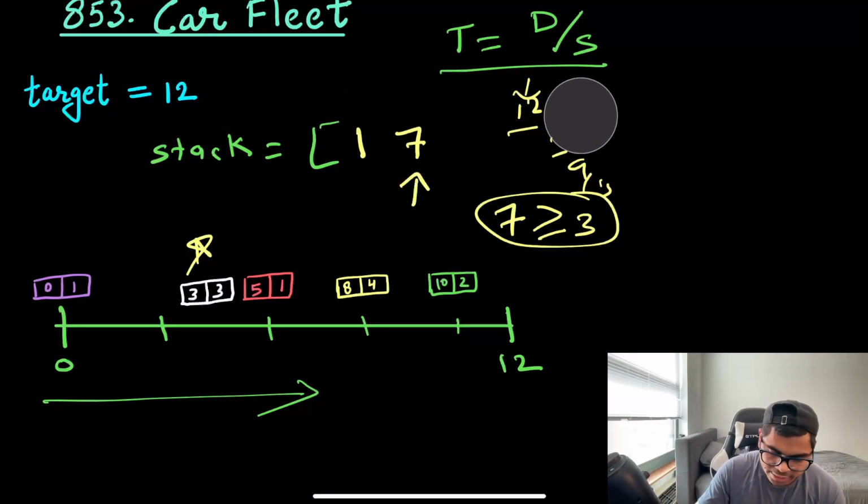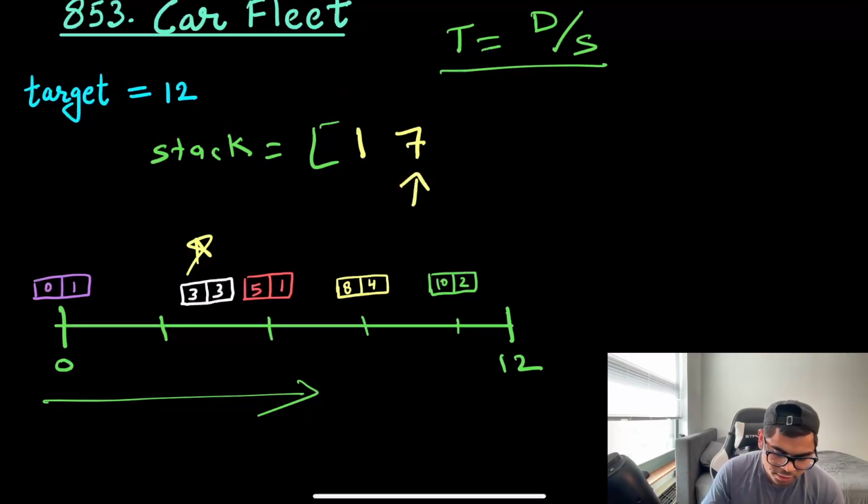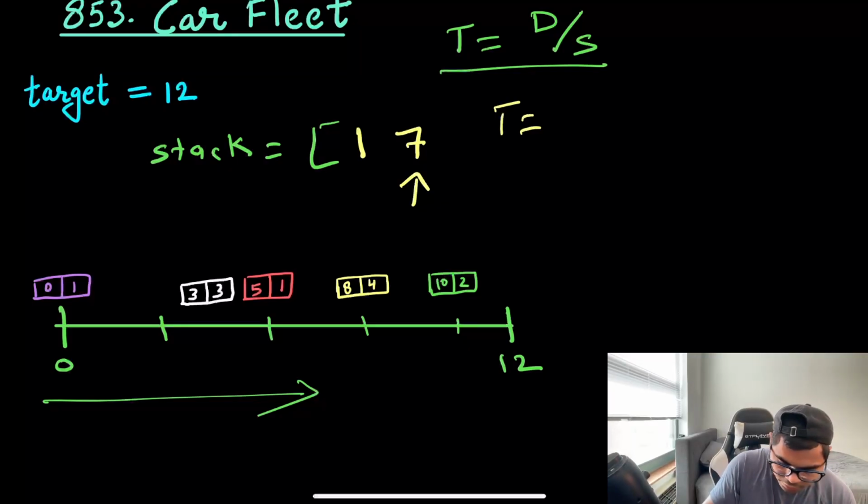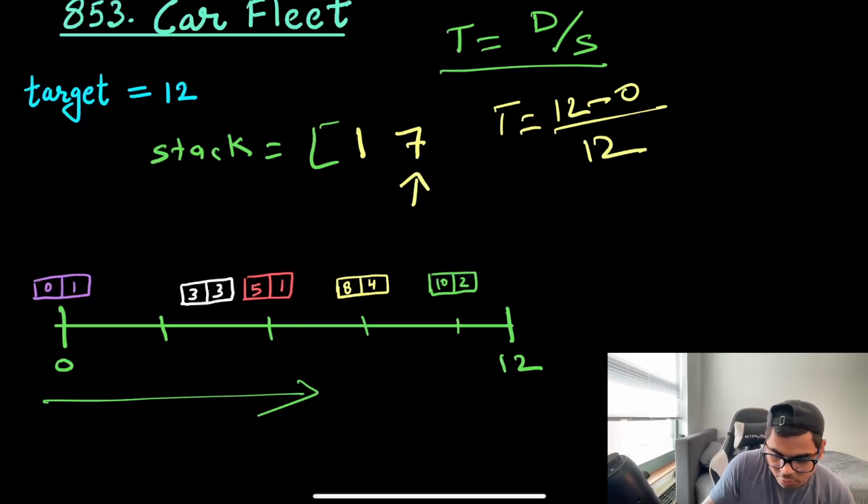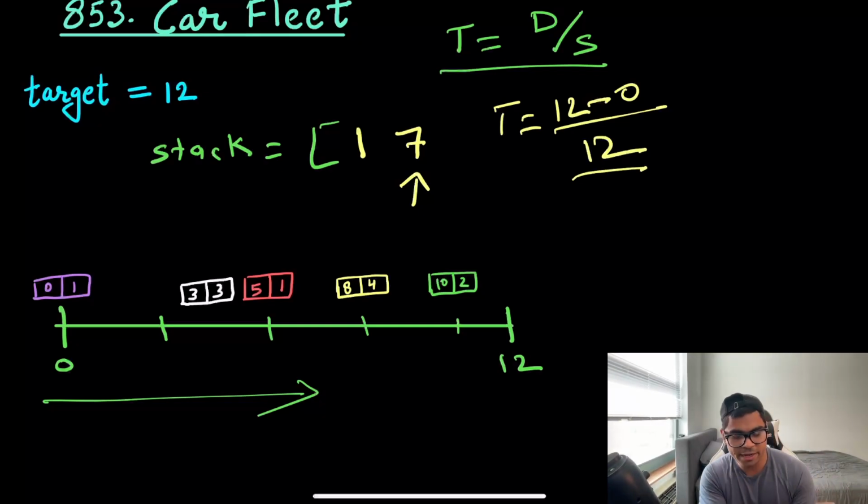Okay, so the final car going with the speed of 1 at the 0th position. How much time is that going to take? Time will be, distance is 12 minus 0, so it has to travel all the way. I don't know why this car just remained at position 0, while all the other cars at least travel some distance, and this one, the green one, is going really fast.